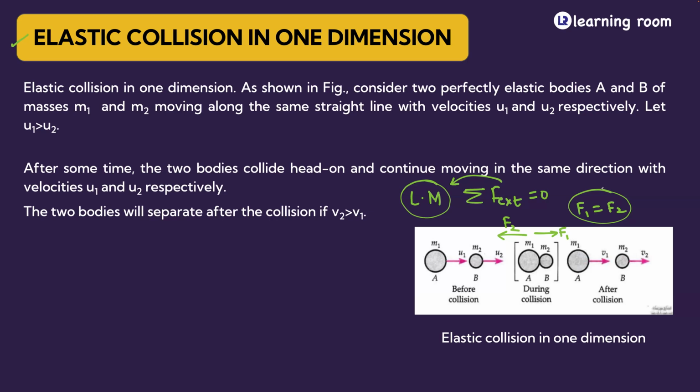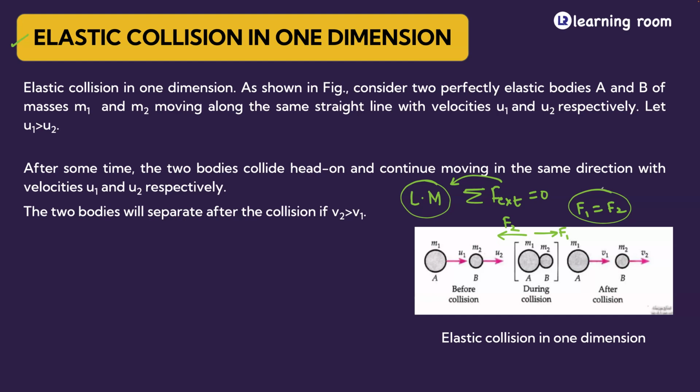Since the linear momentum is going to be conserved, the net external force acting on the system before, after, and during collision should be zero. According to Newton's third law, the force exerted by one object on the second is equal to the force exerted by the second on the first. This is what happens during collision.